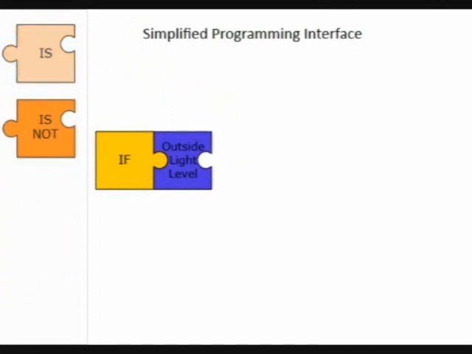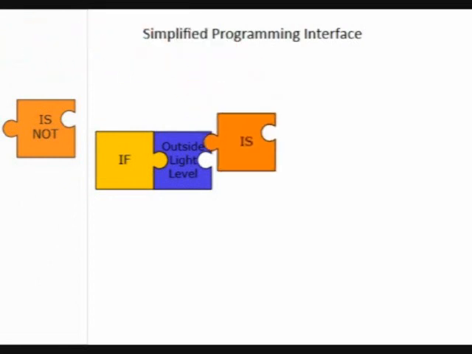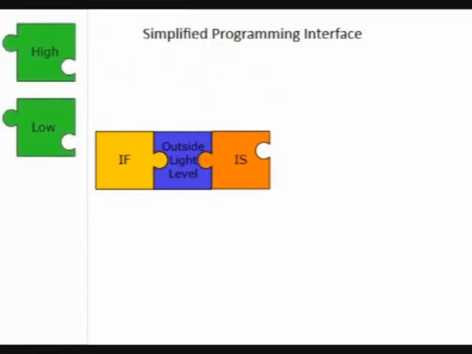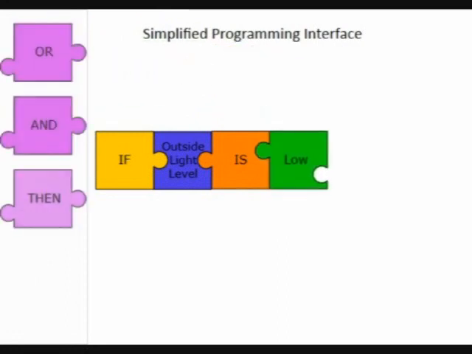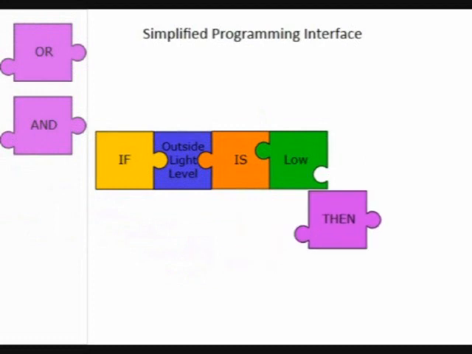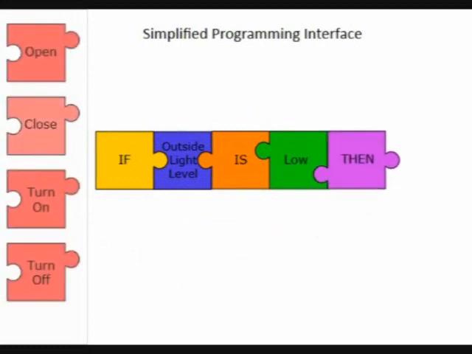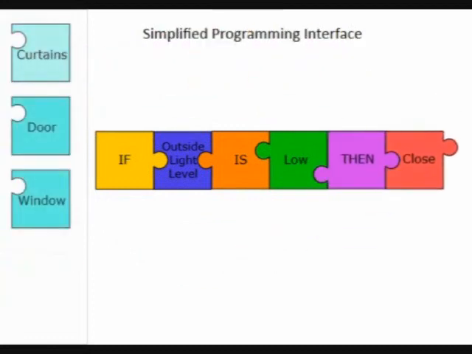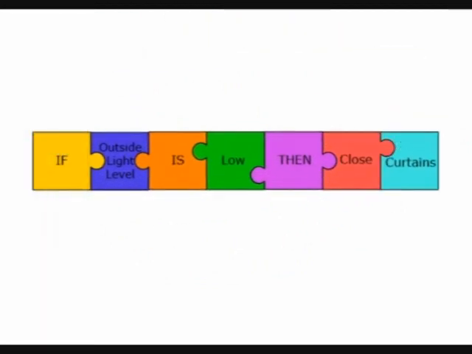And we select is and drag that down onto the jigsaw. And again, we select the next piece to continue our behavior rule. We select low. And the next pieces are then, close, and finally curtains. And that completes our behavior rule. If outside light level is low, then close the curtains.